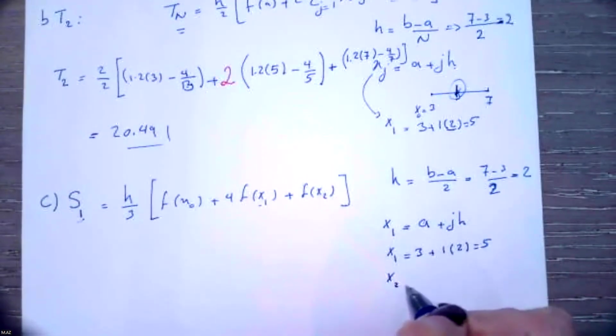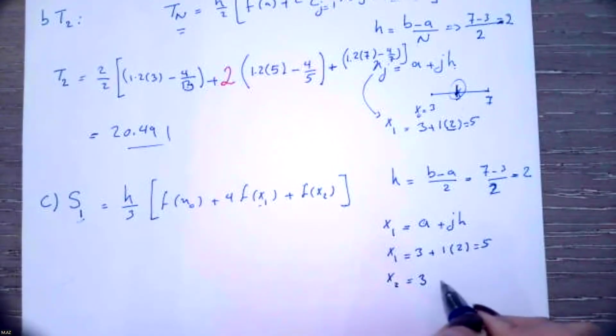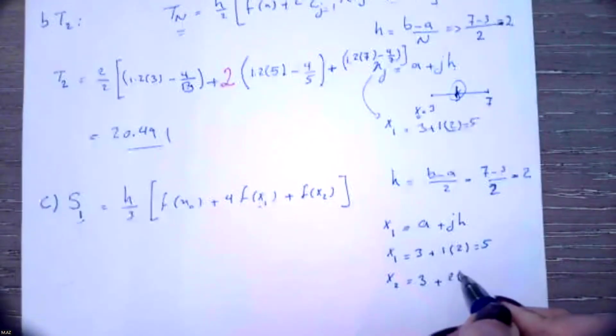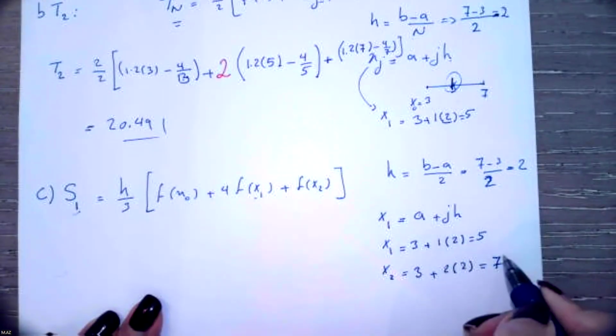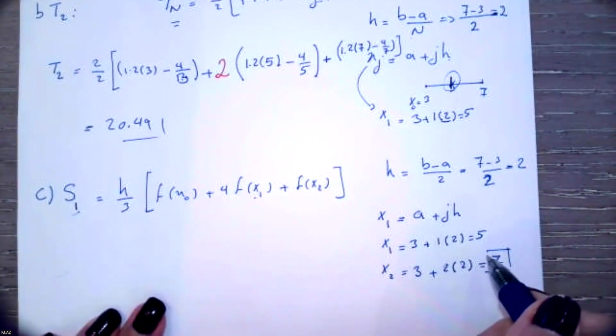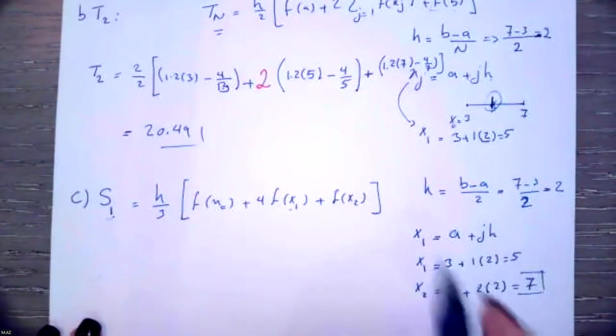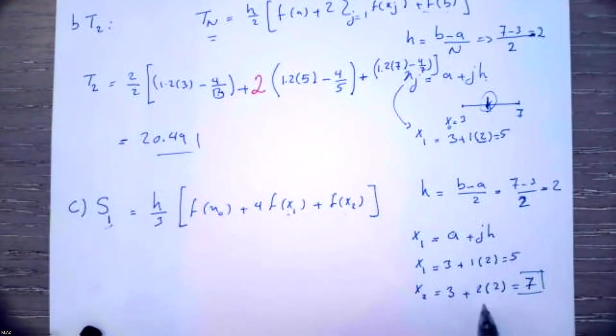And how about the x2? We have 3 plus 2 times 2. The answer is 7. Okay, as you can see, we reached the upper limit of the integral, meaning this is f of b.